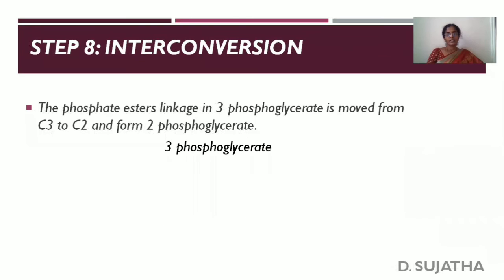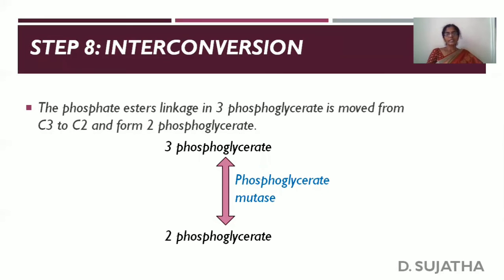The next reaction in glycolysis is interconversion. Here, in the interconversion, the phosphate ester linkage in 3-phosphoglycerate is moved from C3 to C2 and forms 2-phosphoglycerate. So 3-phosphoglycerate is converted into 2-phosphoglycerate in the presence of the enzyme phosphoglycerate mutase.